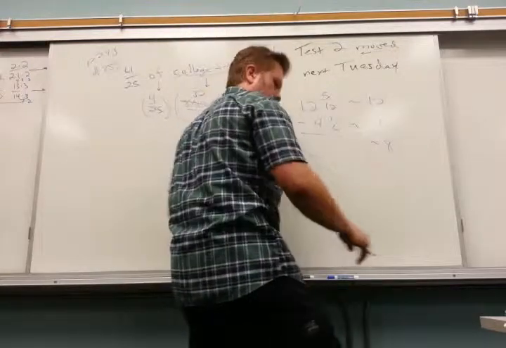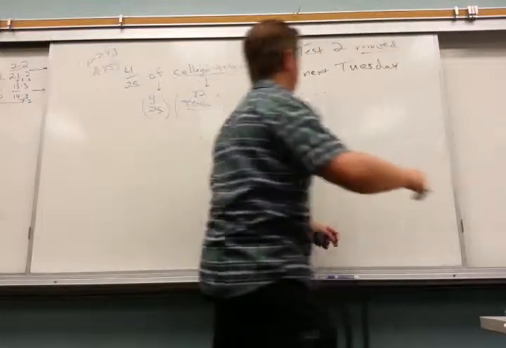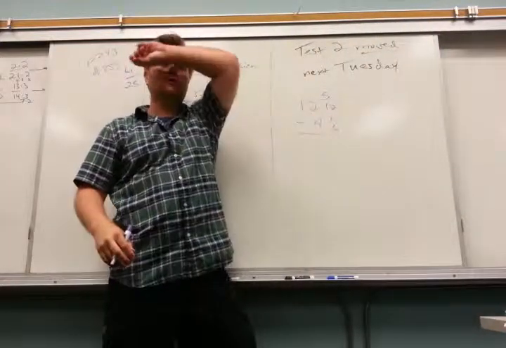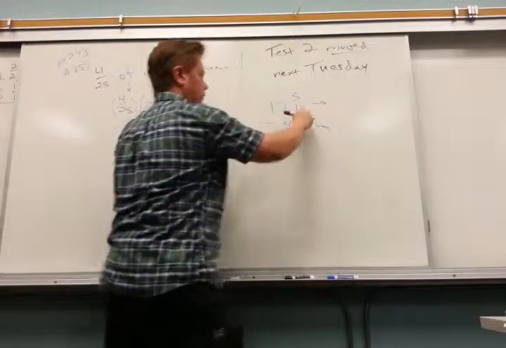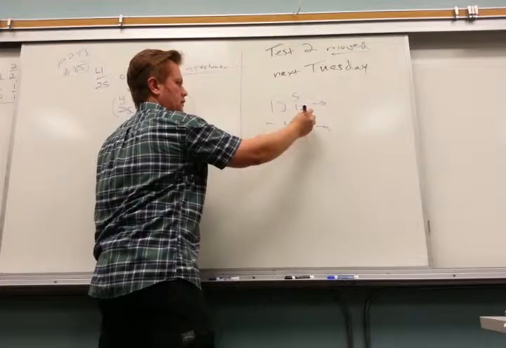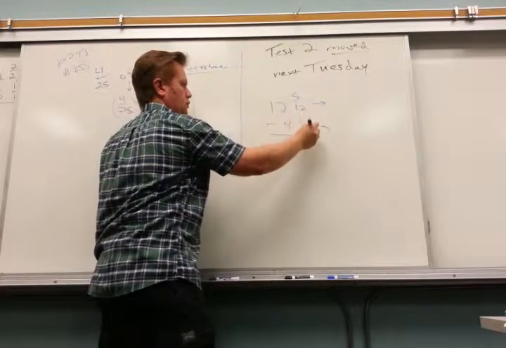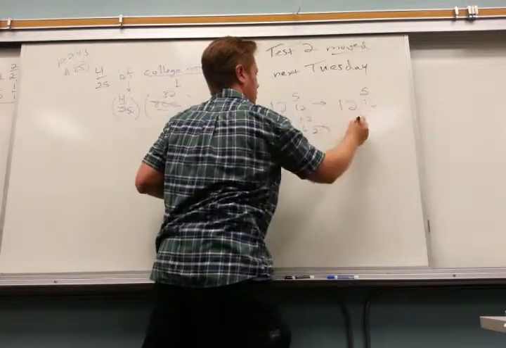So let's attack this thing for real then. How do I do this and get the right exact answer? What do I have to do first? Common denominator, I love it. So what's my LCD going to be? Who needs something? The bottom. Yeah, this one needs a 2. So you get 12 and 5/12 minus 4 and 2/12.